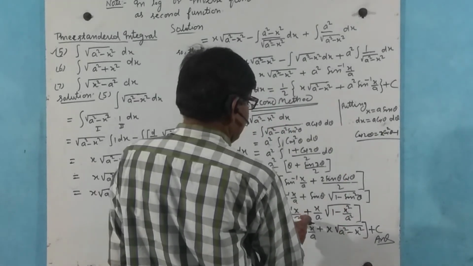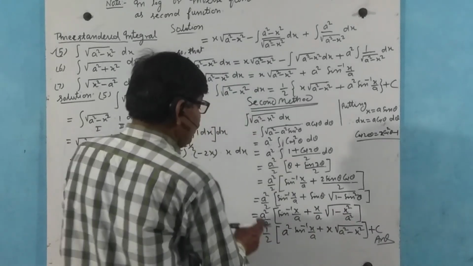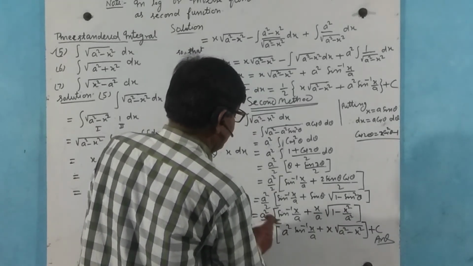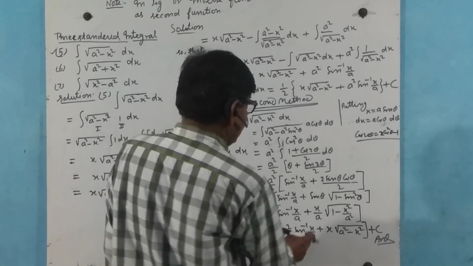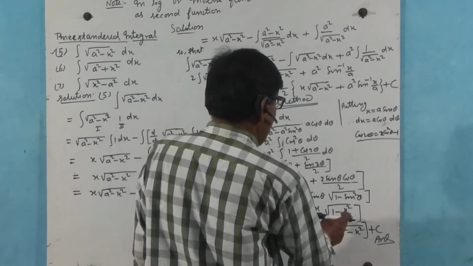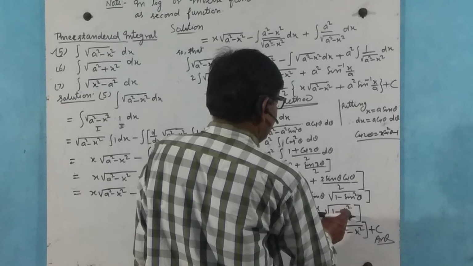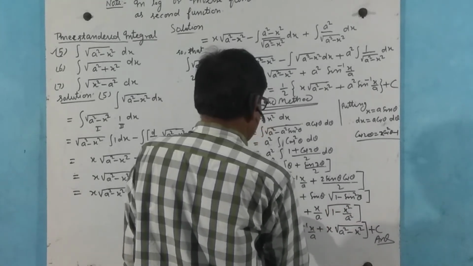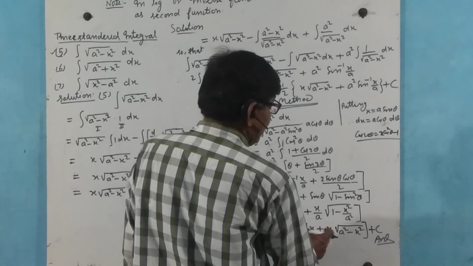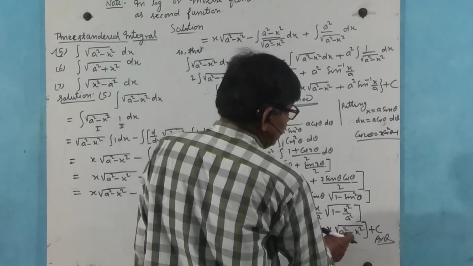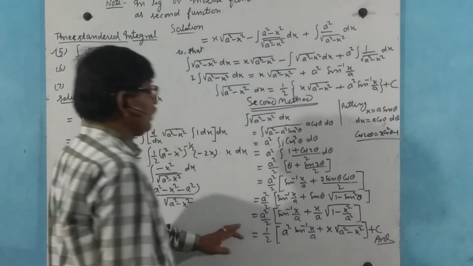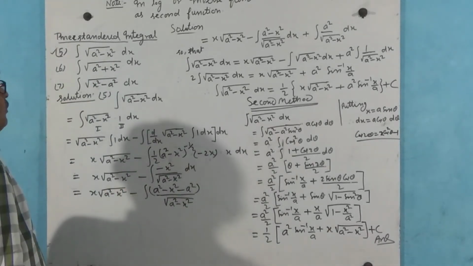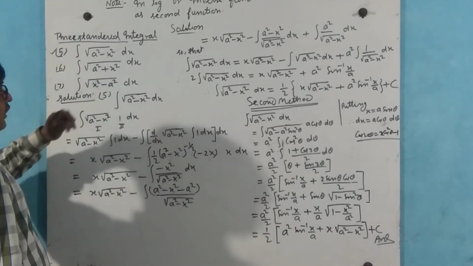Now a square introduced here: 1 by 2 a square sin inverse x by a, and here also a square minus x square under root, a square simple comes a and a square both are cancelled, plus x root a square minus x square, so that this term integrates with the help of by parts.